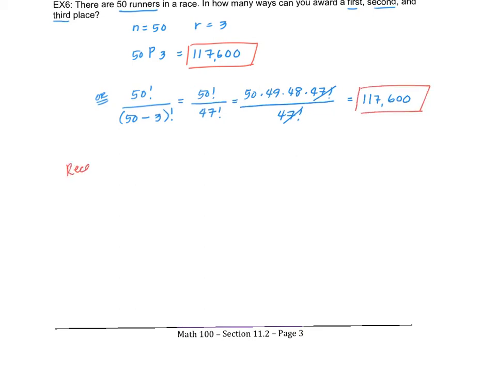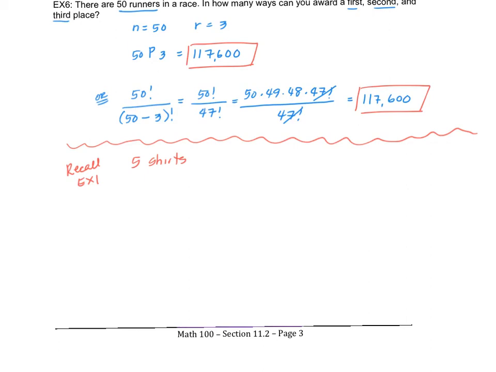So before we go any further, what I'd like to do is recall our first example. This has nothing to do with what we just did. Remember in the first couple examples, we hadn't even talked about the permutation formula. Well, let's go back to the 5 shirts in a closet, and see how many different ways we could rearrange them.